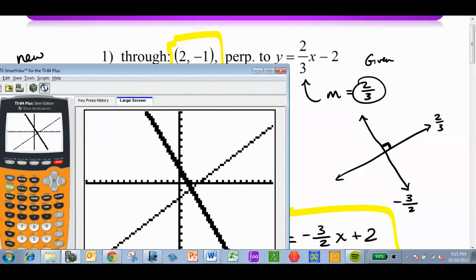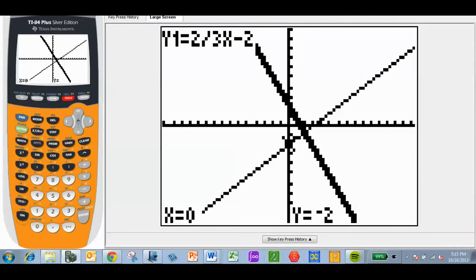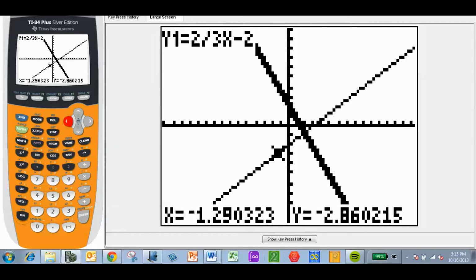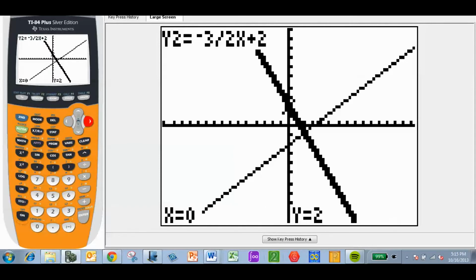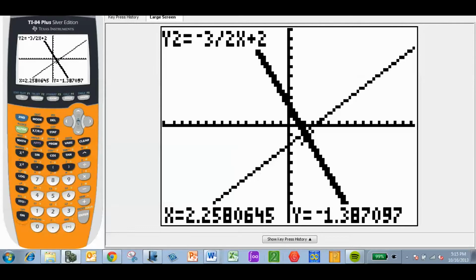All right, you can go back to your graph and trace on that thing. When I initially press trace, it puts my cursor on the first one. If you press up, you go to the second one. And if we go to x equals 2, it's not going to jump perfectly to 2, -1, but it'll come pretty close.